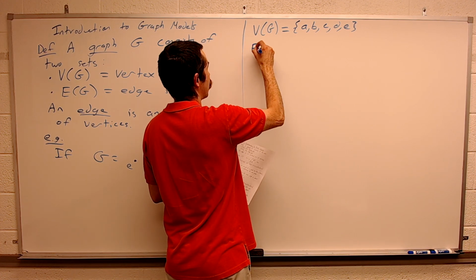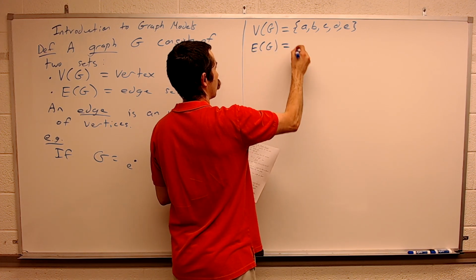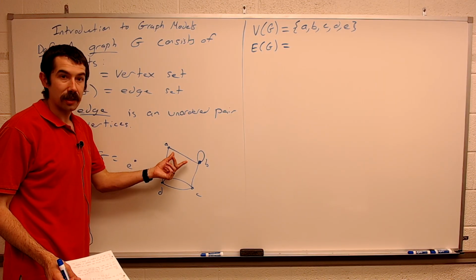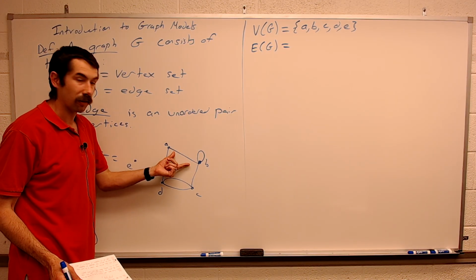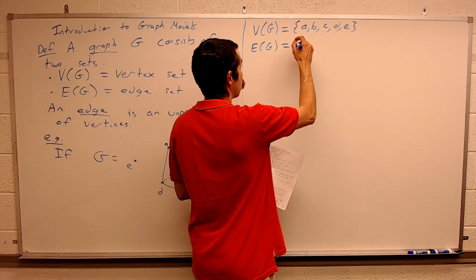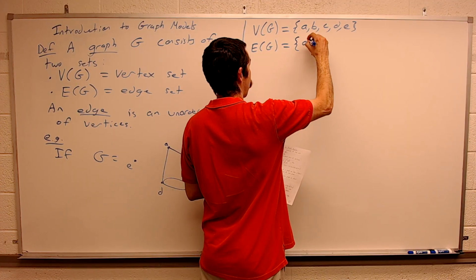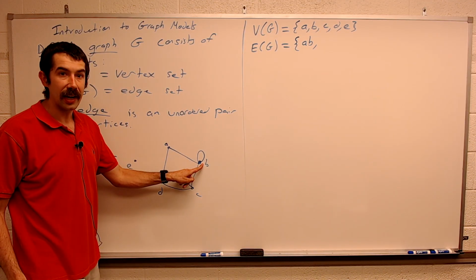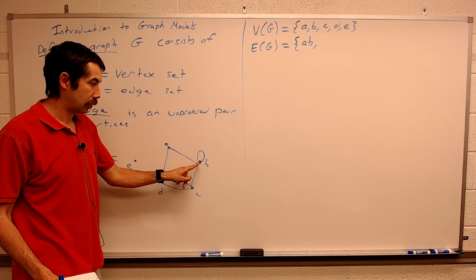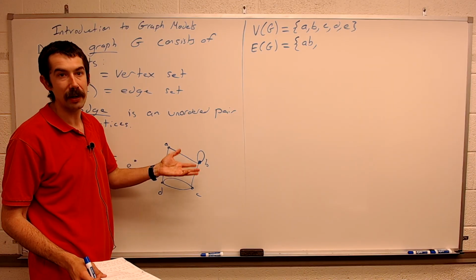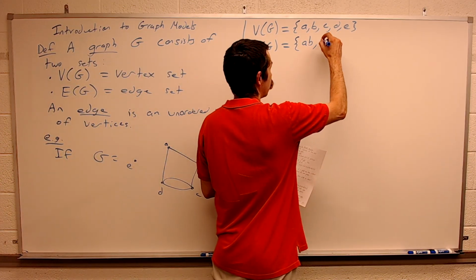And our edge set is we list two of the vertices for each of these little line segments. So AB, this is the edge BB. Okay, it's not just B. We need a pair of them to be an edge. So it starts and ends at B, so we write BB for that edge.